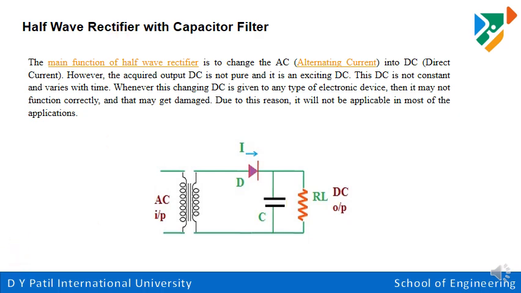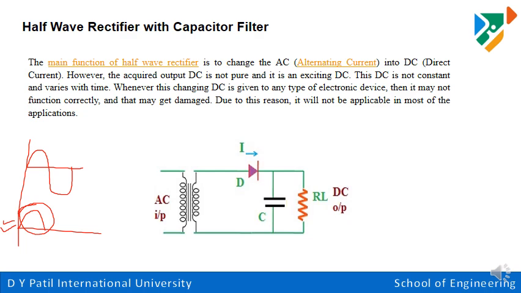So see, this is my AC waveform. In a half wave rectifier, what will we get? I will get the output like this. This is not a pure DC waveform. We can say this is a pulsating DC waveform.